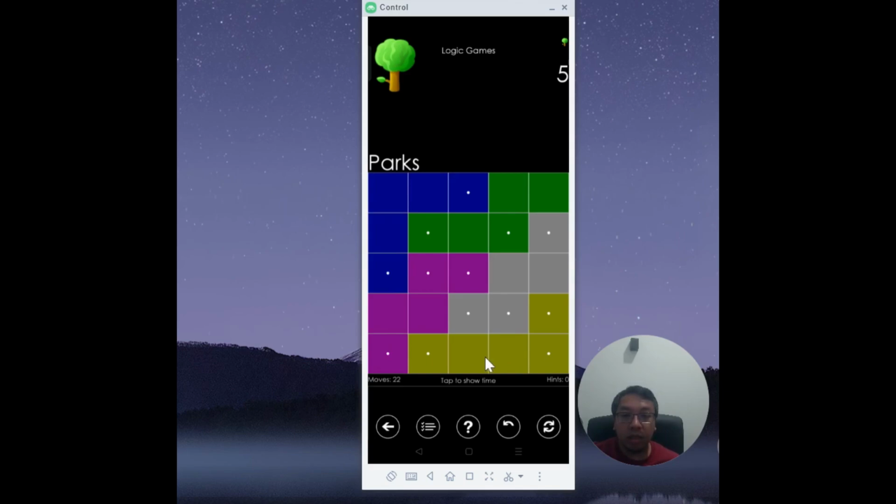So what's next? There are two possibilities for the last column, three possibilities for the fourth column, two possibilities for the third column, two possibilities for the second column, and three possibilities for the first column. But we haven't got any trees yet.